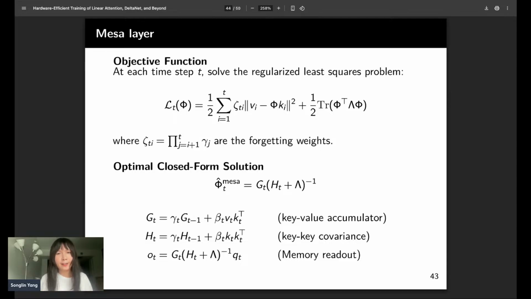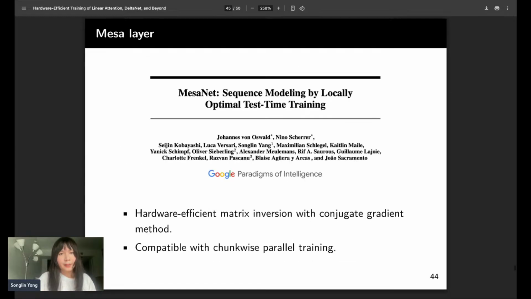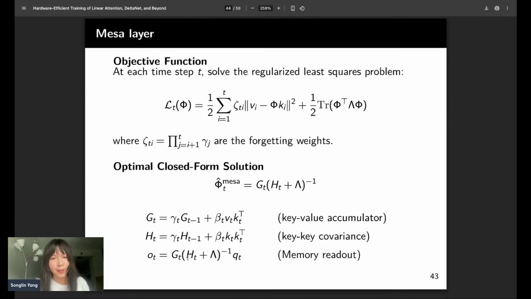And in this recent work, which was put on arXiv like two days ago, we have a new paper trying to scale up this Mesa net. And previously, here we have the matrix inverse operator, which is very hardware inefficient to compute for each position.